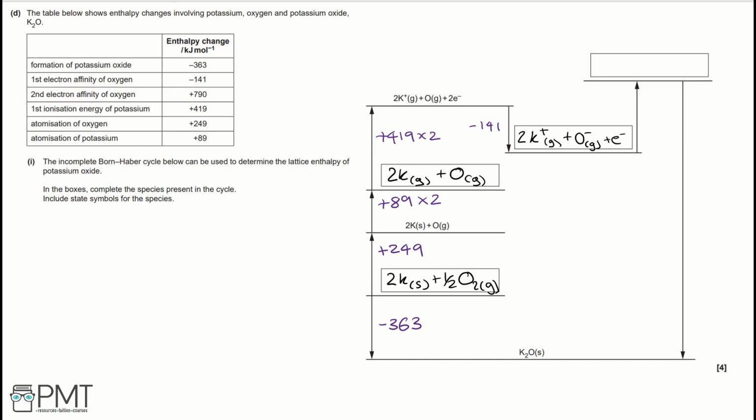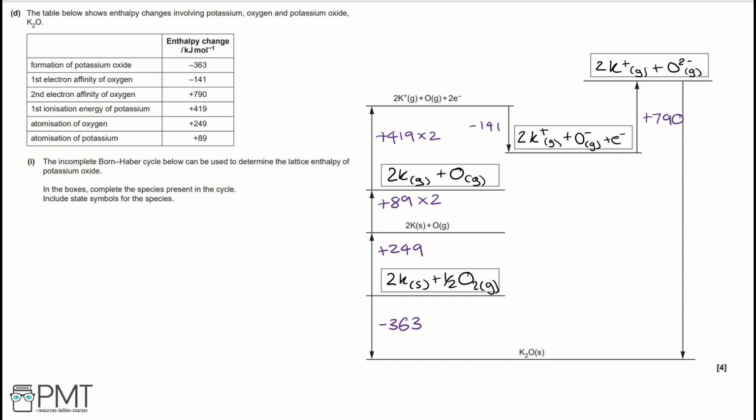The last equation we need to complete this Born-Haber cycle is our 2K plus gas plus O2 minus in the gaseous state also. And what we've done here is the second electron affinity of oxygen, which is plus 790.